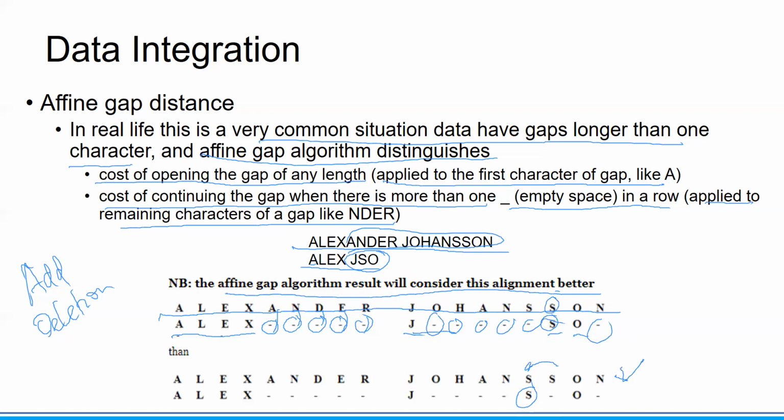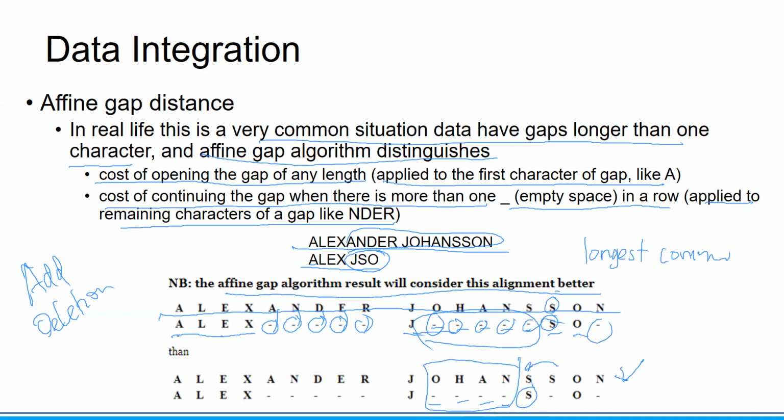Now, the number of spaces, you can see this is 1, 2, 3, 4, 5, and this one is 1, 2, 3, 4. If we are applying the longest common subsequence, and we have the longer one, the distance will be longer.